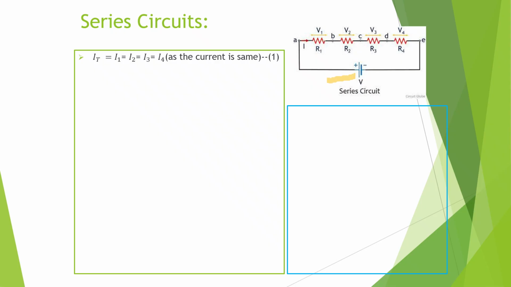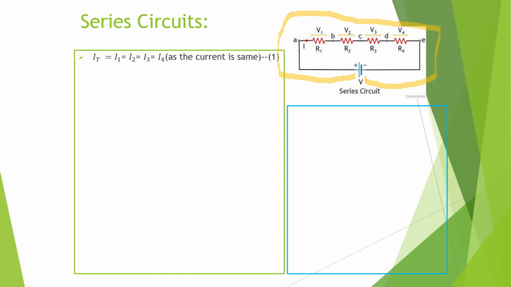We all know that the current flows from higher potential to lower potential. So let us take in this case the current flows from the battery's positive potential V to the battery's negative potential. When you see this yellow color path, this is my current flow.